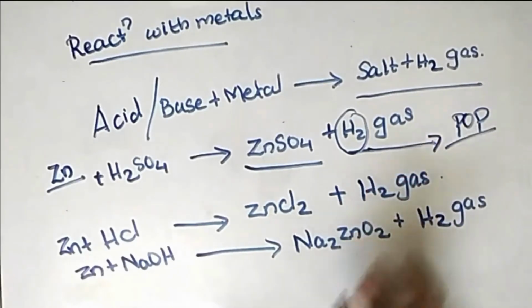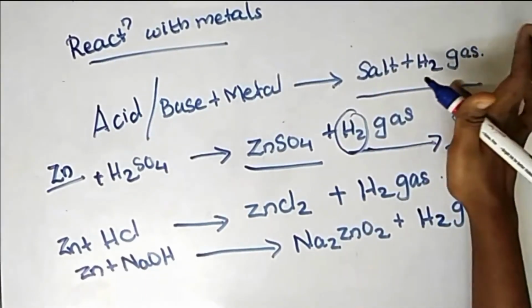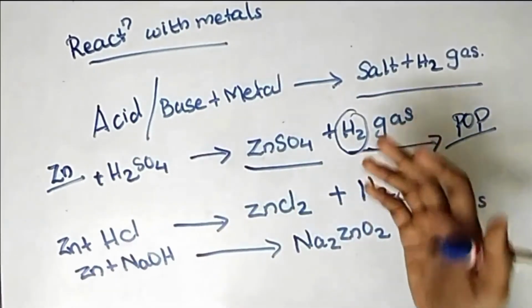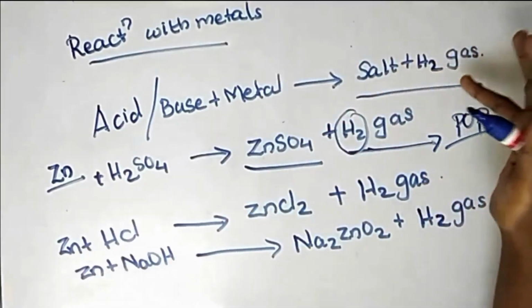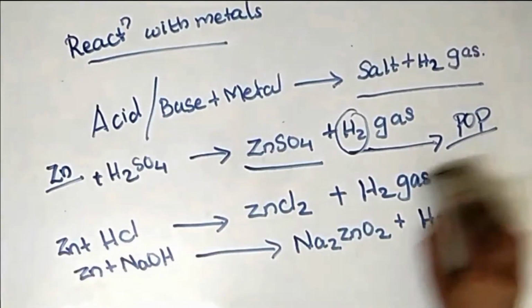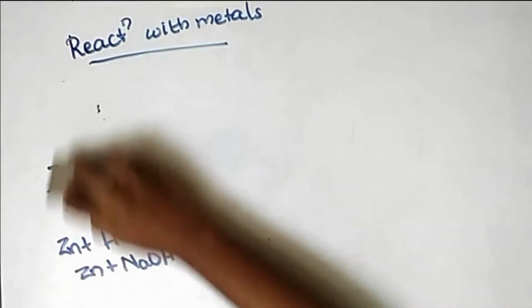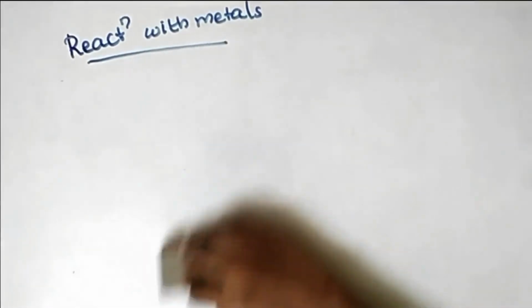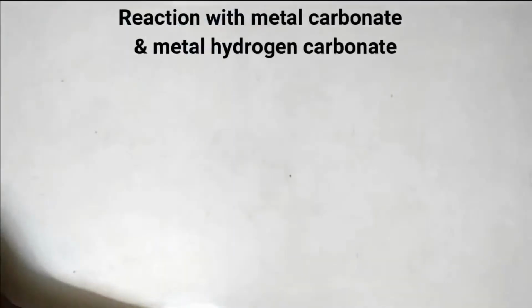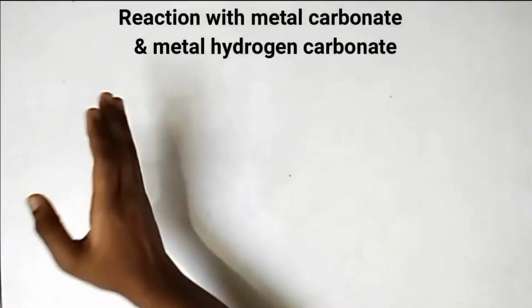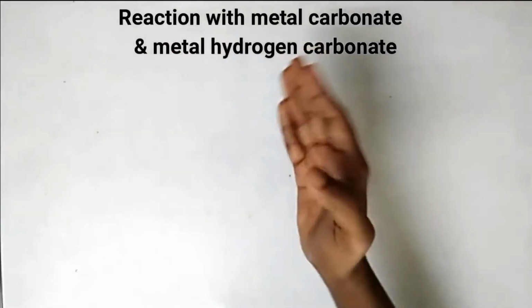All metals won't give you salt and hydrogen when they react with a base, but the majority of metals will. I hope you understood this portion. So acids and bases react with metals to give you what? Salt plus hydrogen gas.